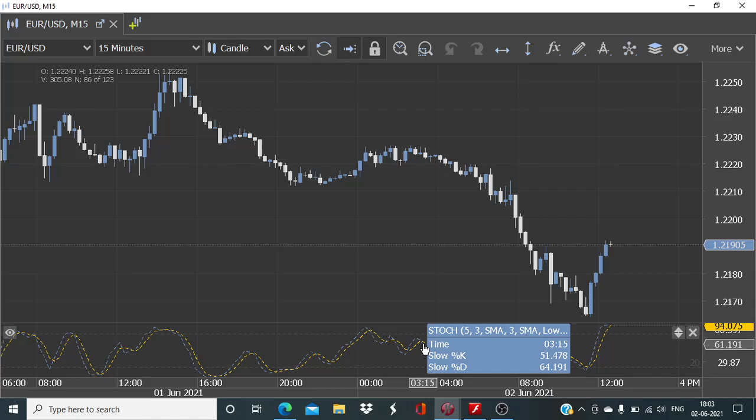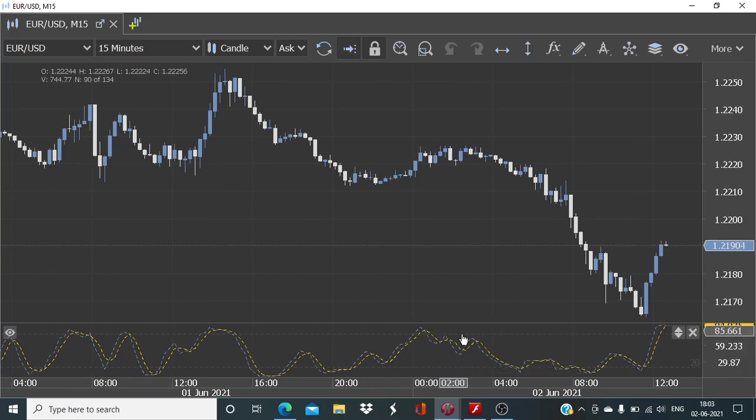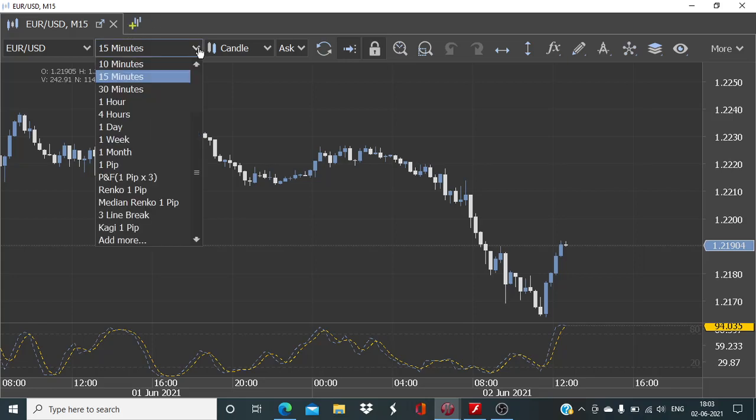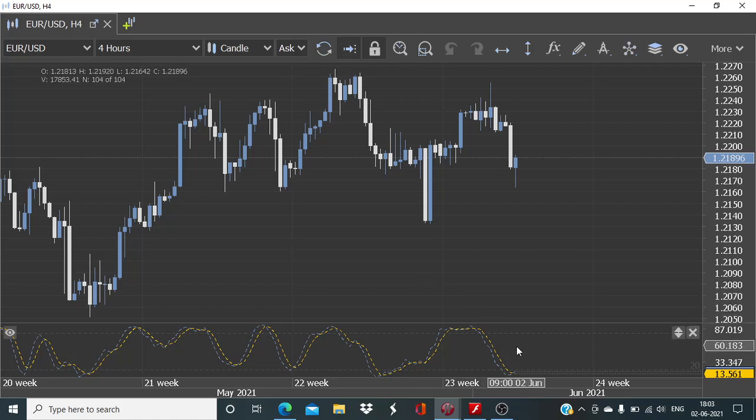So we want the crossover to happen on the lower side for the buy trade and on the higher side for the sell trade, and the rest of the conditions, as I had explained earlier, are going to be dependent on the larger time frame charting of 4 hours.